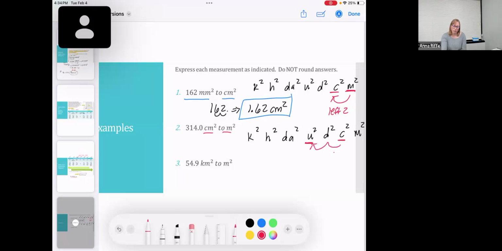So I'm going to go left 2 and 2. So I'll go left 4 decimal places. So 1, 2, 3, 4. Therefore, my result will be 0.0314 square meters. So there is my total in square meters.